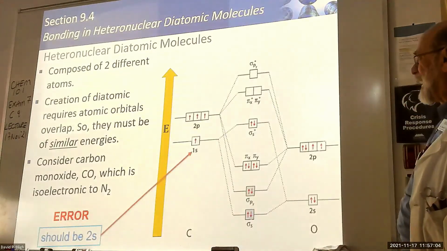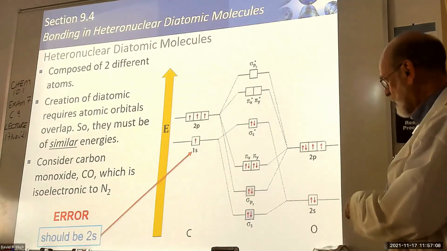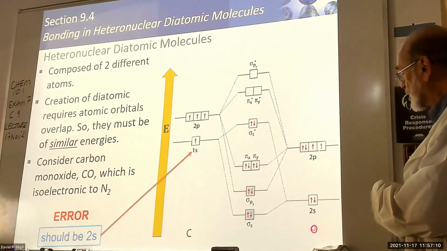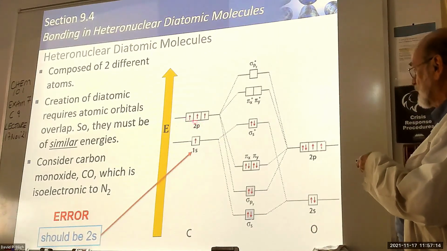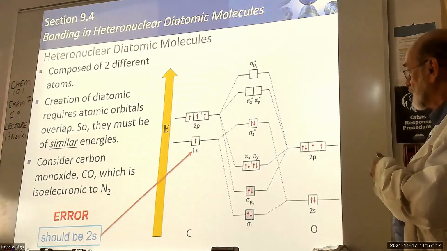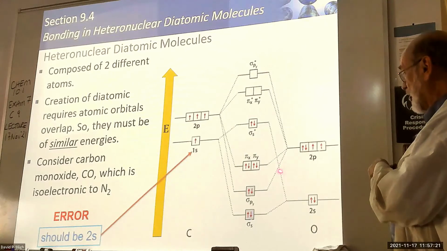Okay, so here we have a heteronuclear diatomic molecule. On this side, we have carbon. On this side, we have oxygen. And their atomic orbitals are radically different in energy levels going into this construction of molecular orbitals. So you can see it gets pretty complicated.